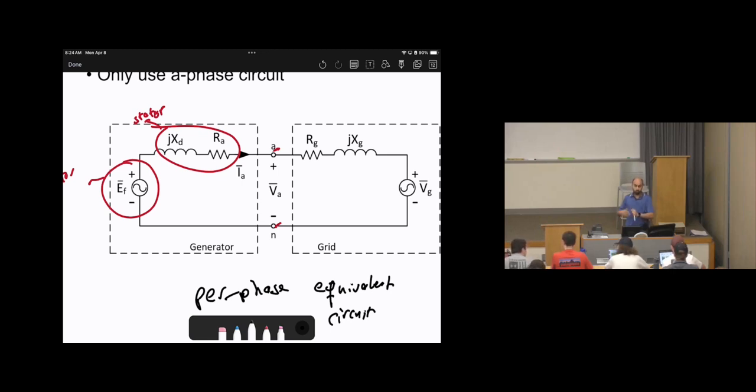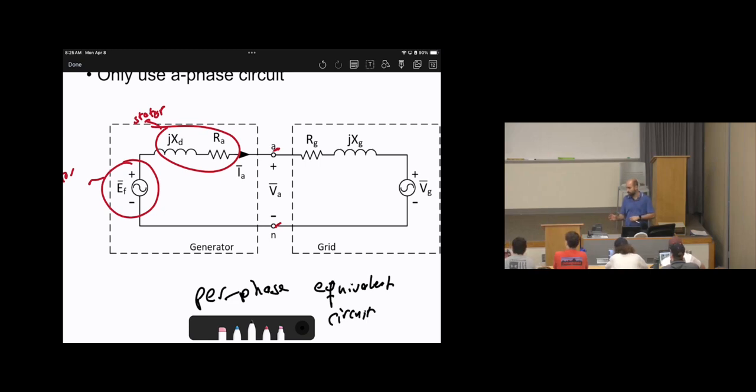We will not use it here, but we found this by finding a Thevenin's equivalent circuit. So let's assume this generator is connected to the Auburn University electrical system. We modeled all of the Auburn University electrical system connection by a voltage source, and in DC we used to say a series resistor.